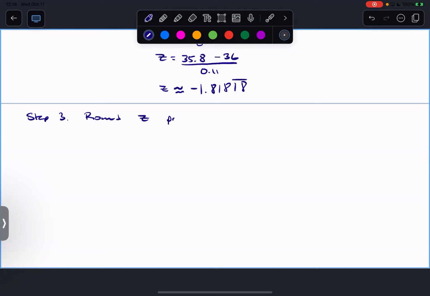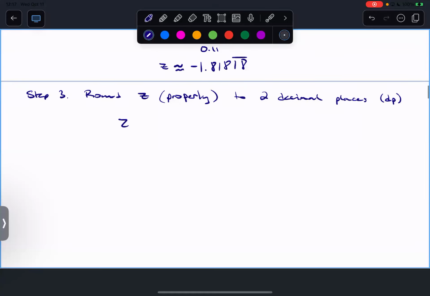Round Z properly to 2 decimal places. I usually abbreviate decimal places to DP. I don't think I'm alone in that, but I'll introduce it here. So then Z is negative 1.82, right? The 1 is followed by something greater than or equal to 5, so I have to round it up.